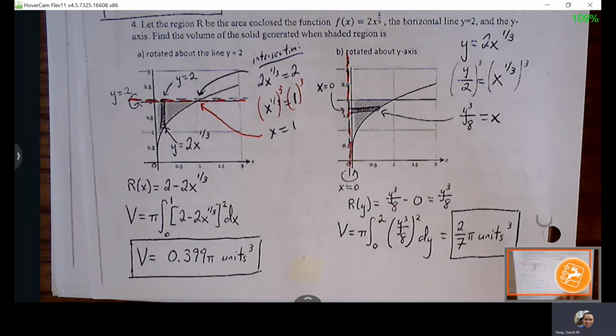So yeah, there's a lot of places to mix things up when you're doing right minus left, because everything's opposite, right? From what we're used to with top minus bottom. Okay, any questions?